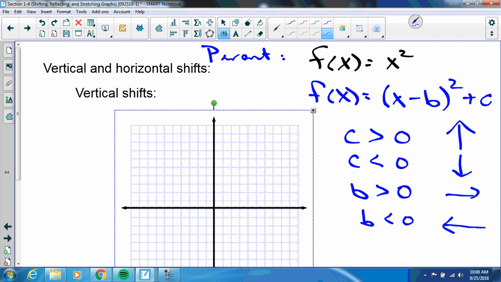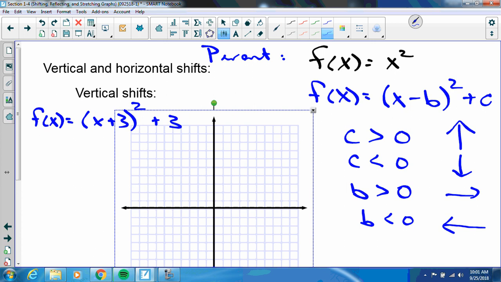So, this is going to fool everyone in this class at least once. When I give you the function f of x equals (x plus 3) squared, and I ask you, what is the transformation that happens to the parent function?